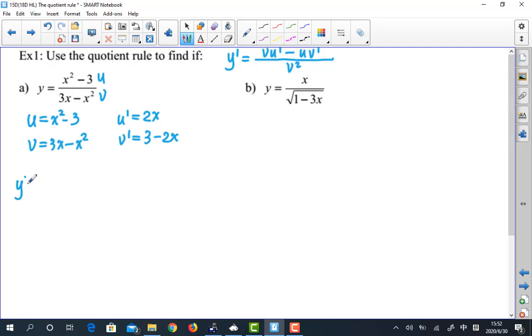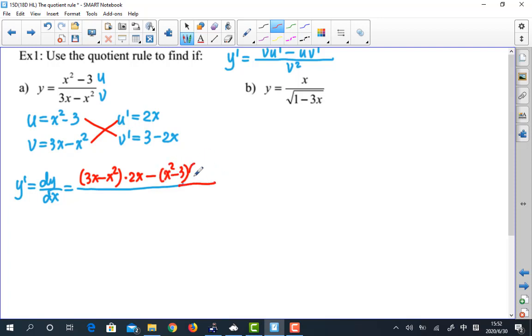Then the y prime, which is dy over dx, equals low times the differentiation of high, low d high. So 3x minus x squared times 2x minus high d low. So x squared minus 3 times 3 minus 2x divided by v squared to go.